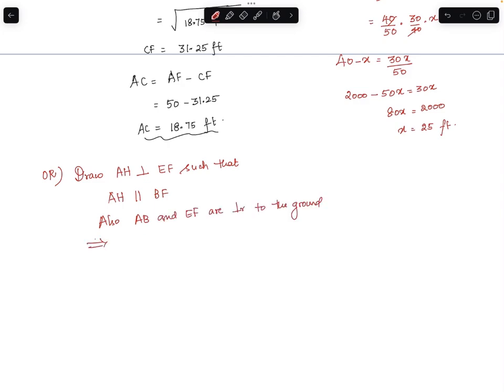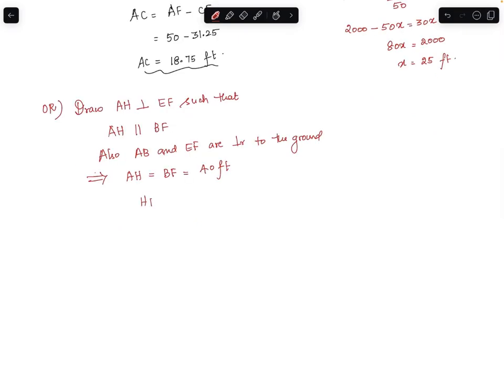This implies that AH is equal to BF, which is equal to 40 feet. HF is nothing but AB, which is 30 feet. So EH can be got by subtracting HF from EF. It is 50 minus 30, which is 20 feet.